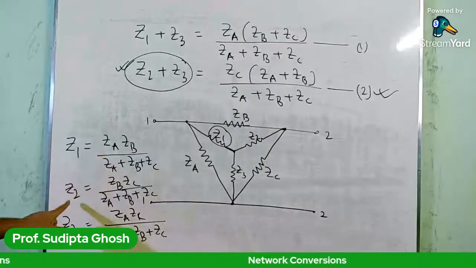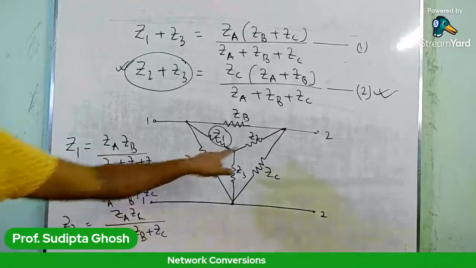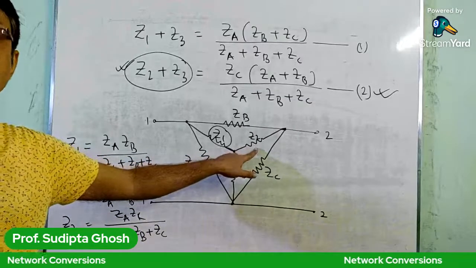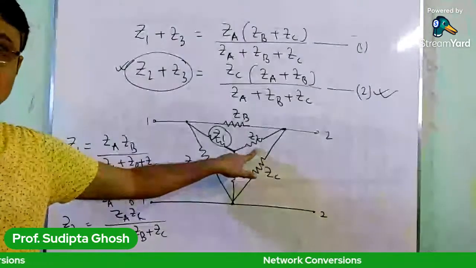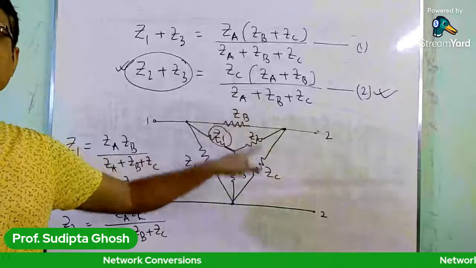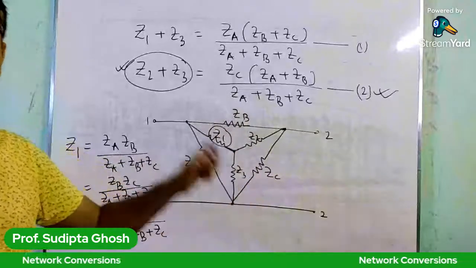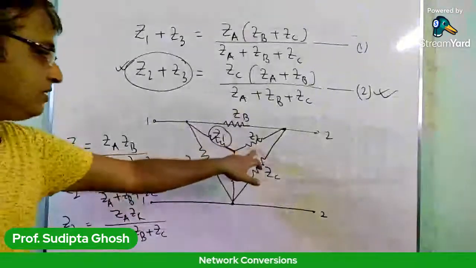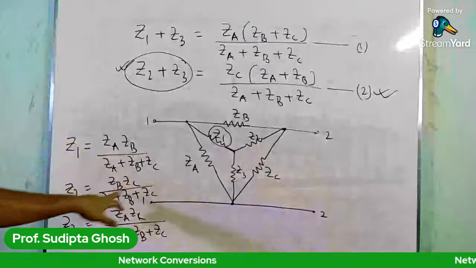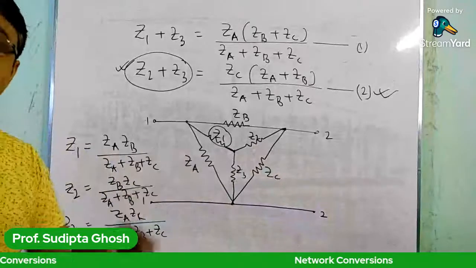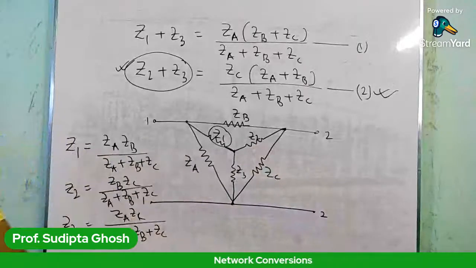Let us consider the value of Z2. Now here also you have to find out the impedances that lie on the opposite sides of Z2, and you have ZB and ZC. These two impedances lie on the opposite sides of Z2. So the numerator is ZB ZC divided by the entire sum, that is ZA plus ZB plus ZC.